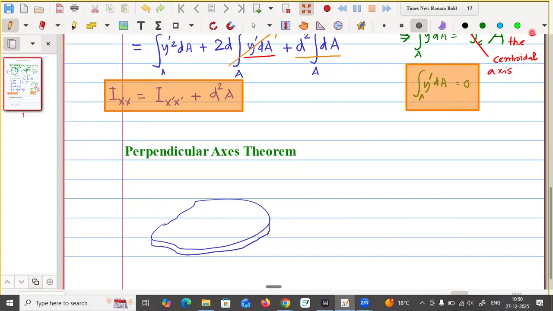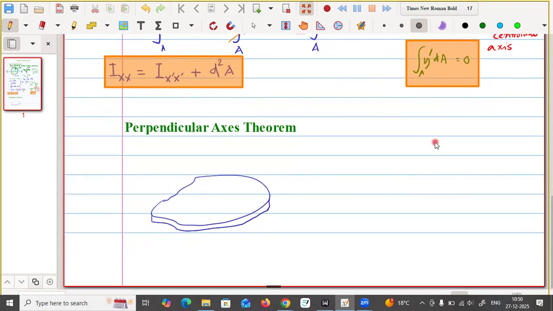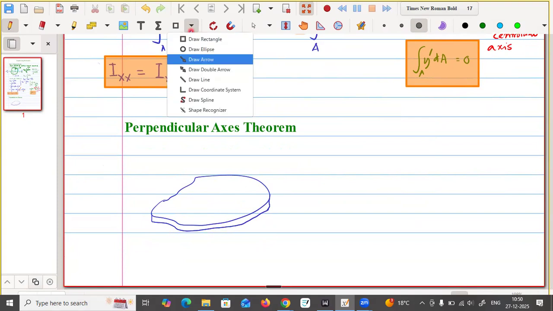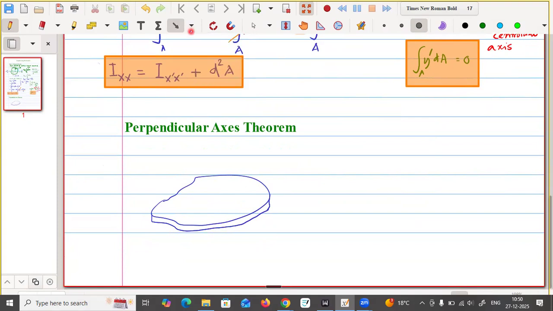We are considering this type of area first, though actually it can be shown that it may not always be laminar. The only thing is that two axes will be on this plane and the third axis will be perpendicular to the plane. So I will show first one axis, say this one.